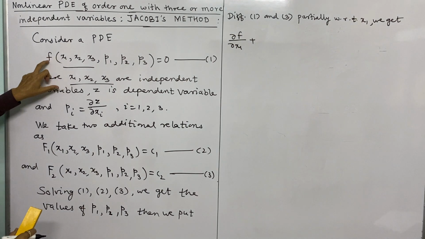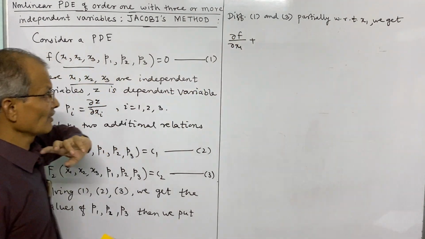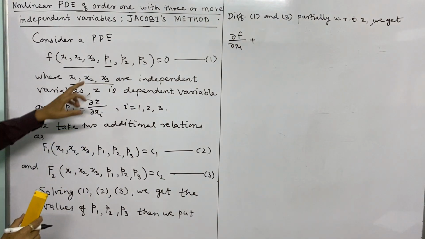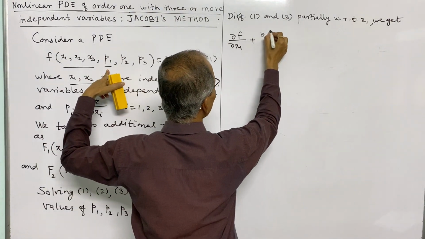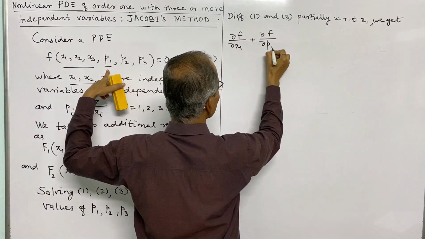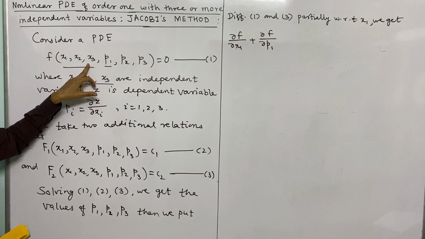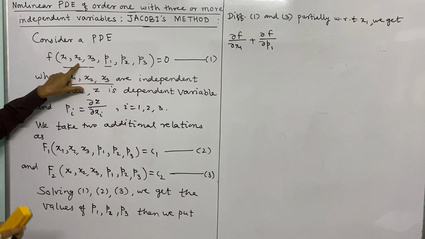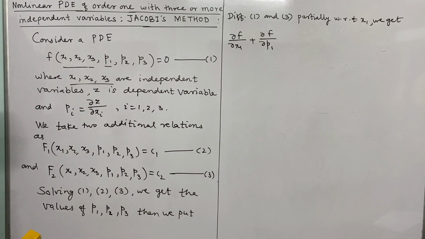So the partial derivative of f with respect to x1 is ∂f/∂x1 plus, next we have to go to p1, and f is a function of p1, so it will be the partial derivative of f with respect to p1. The derivatives of x2, x3 with respect to x1 will be 0 because x2, x3 are considered constant when we partially differentiate with respect to x1.